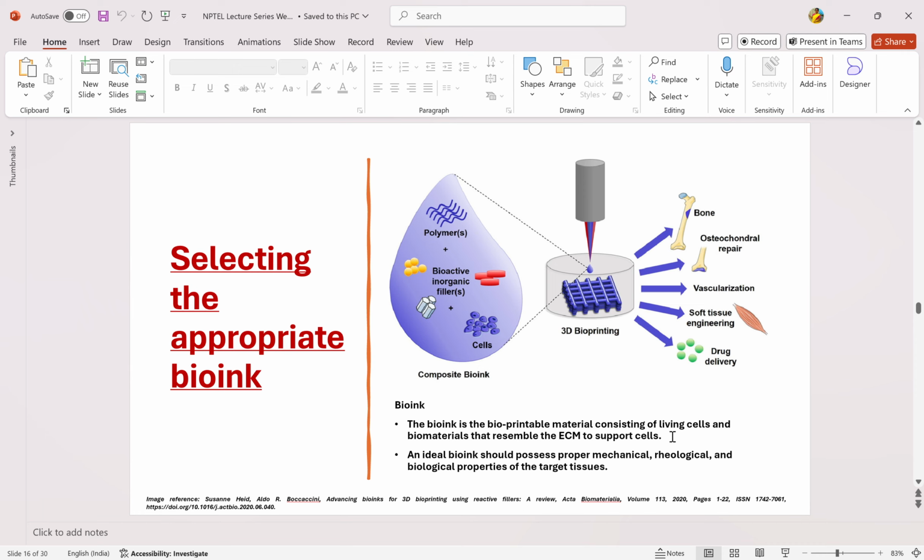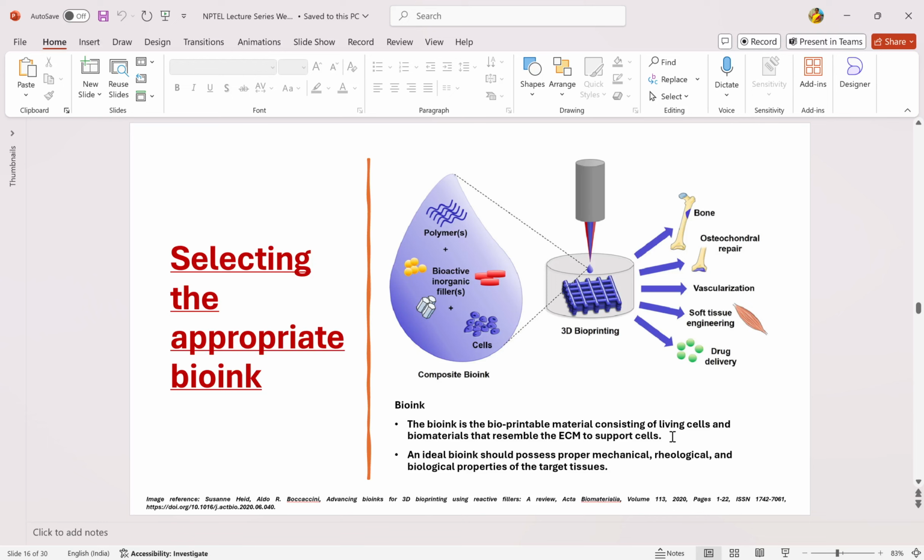So if your bio ink is having living cells, then you also need to add biomaterials which will form ECM, that is a scaffold. An ideal bio ink should possess proper mechanical, rheological, and biological properties of the target tissues. Making this bio ink is the most difficult part of your 3D printing process.